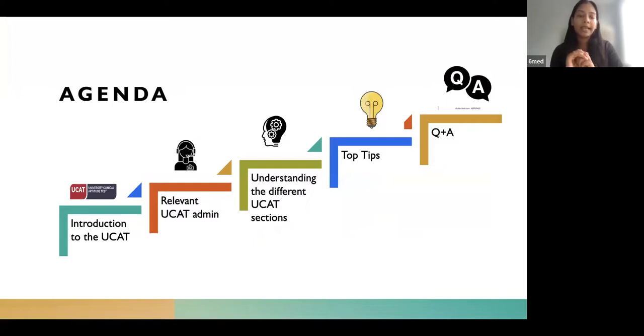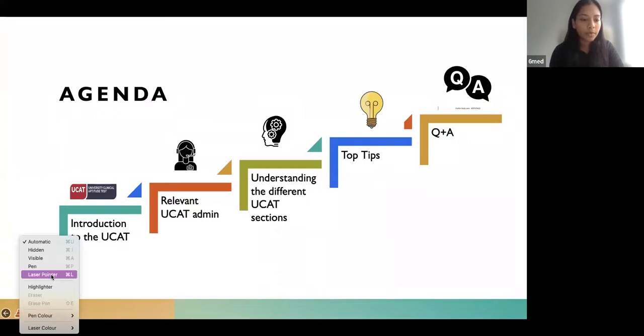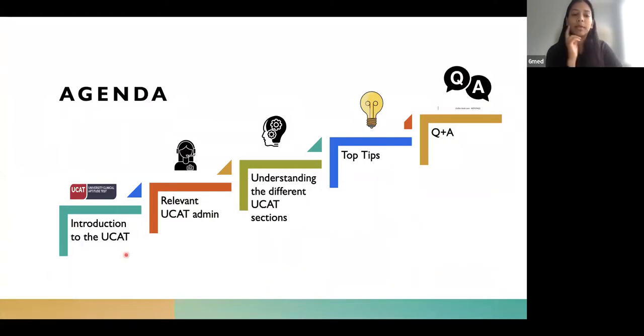Looking at the agenda for today, first of all, I'll take you through what the UCAT actually is. Hopefully everyone can see the laser pointer, which might be a little bit easier. First I'll be introducing you to what the UCAT is, key dates and relevant UCAT admin.